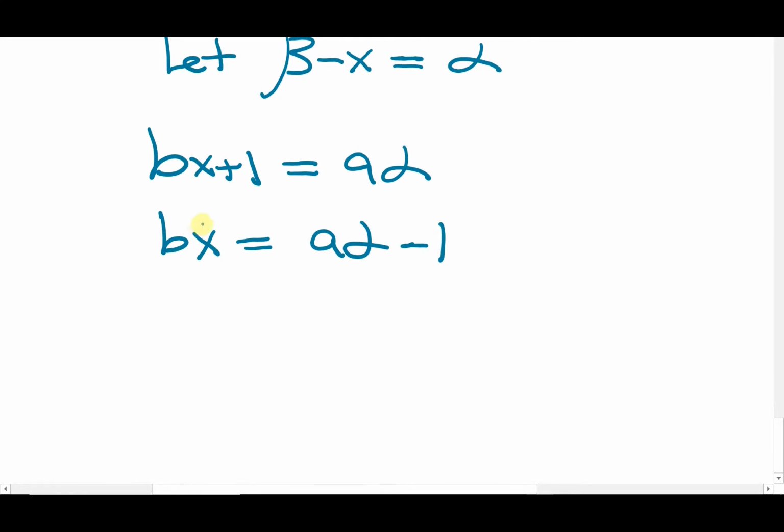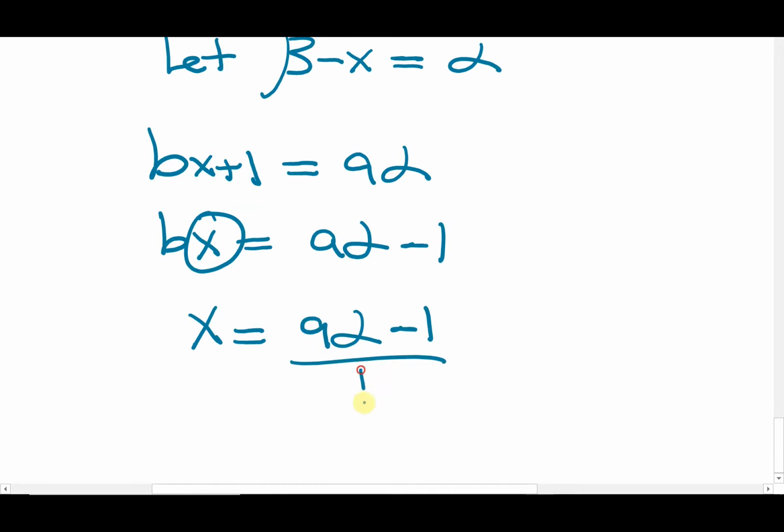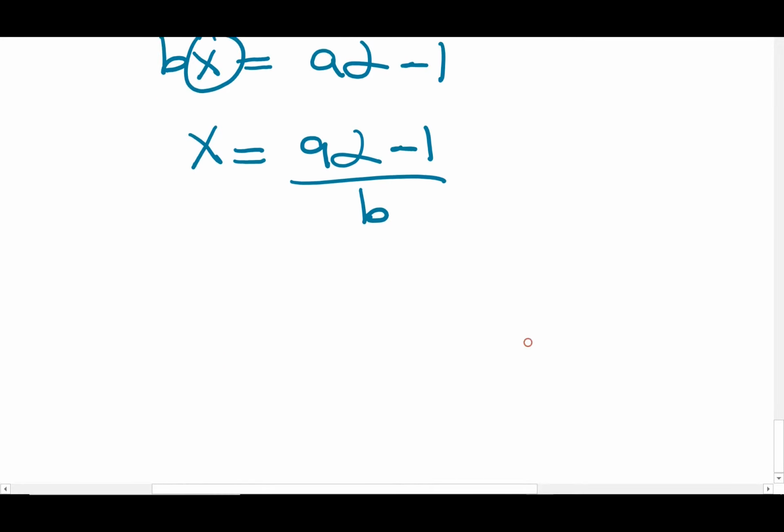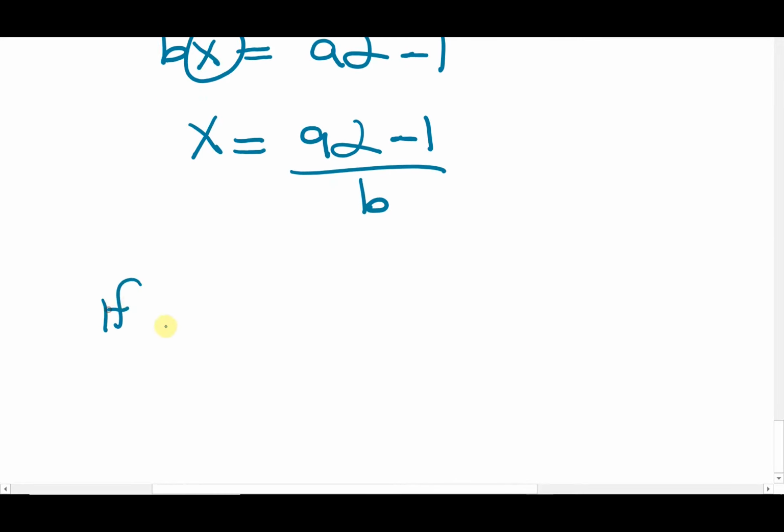And that implies we want to relate this to x. So essentially what we can do now is divide both sides by b. So we have x equals A alpha minus 1 over b. Now the key here is we notice that if A is less than or equal to 6, B is greater than 0.